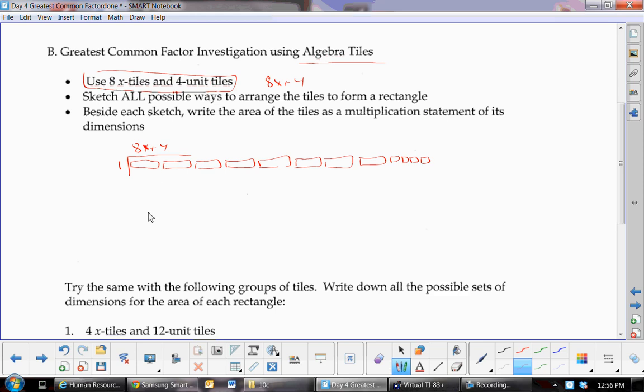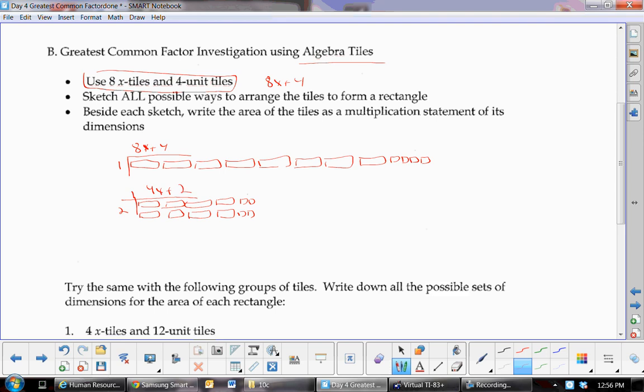So what you're saying is you want to go 2 this way, and so if I went by 2s, right? Okay, then there's, okay, what's that side dimension? 4x plus 2.